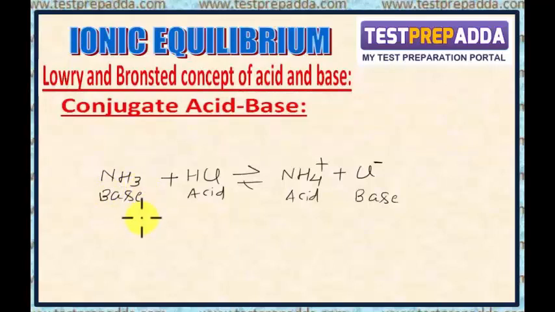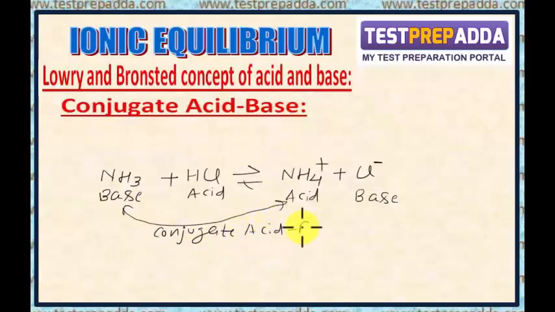We say this is the parent base, and NH3 and NH4 plus are called a conjugate acid base pair. Similarly, you can see Cl minus is produced from this HCl.